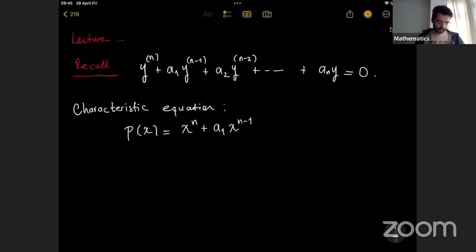Basically, it's like in the differential equation, you replace y by lambda, and here the orders of the derivatives will be the powers in the polynomial.